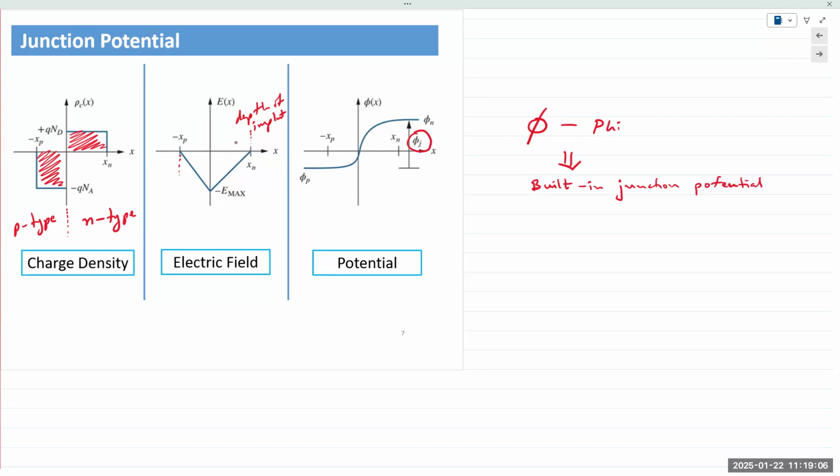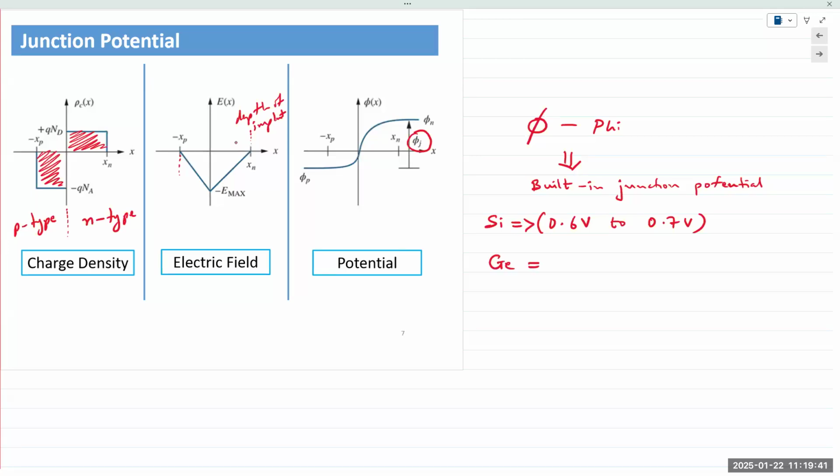It depends on the material that is being used to create the P and N type semiconductors. So if we create a PN junction diode using silicon, this built-in potential is approximately 0.6 volts to 0.7 volts for silicon.